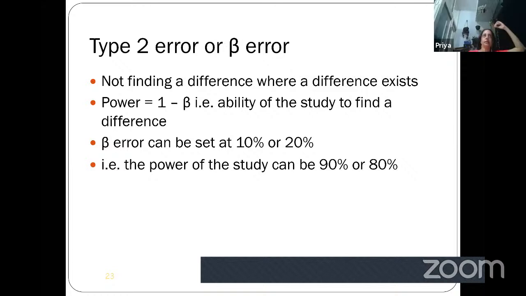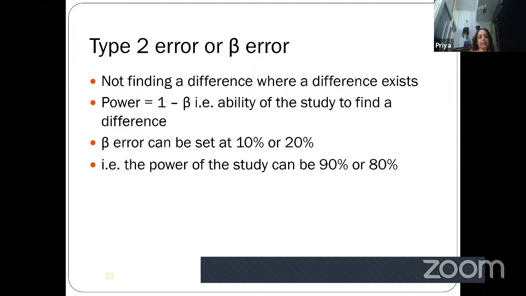The beta error is not finding a difference when a difference actually exists between two treatments. So treatment A is different from treatment B, but you are not picking up that difference in your study. The converse of this, 1 minus beta, is the power of the study, and that is defined as exactly the opposite, right? Ability to find a difference.